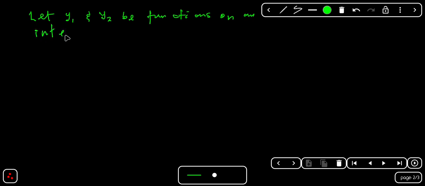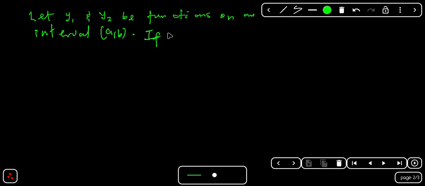Now, when do we say that two given functions are linearly dependent or linearly independent? Let me quickly write down some things. Let y1 and y2 be functions on an open interval (a, b).